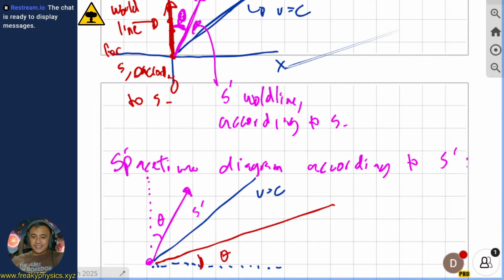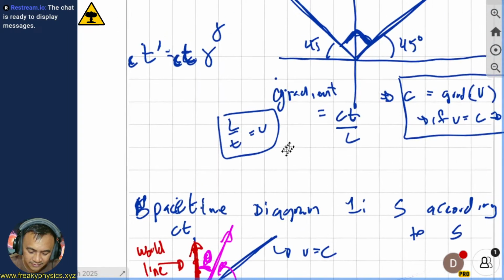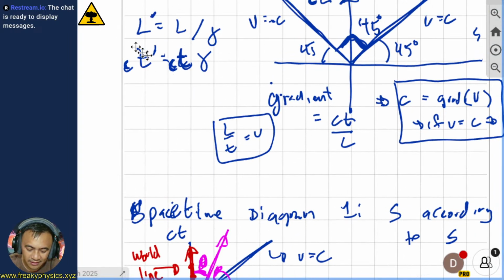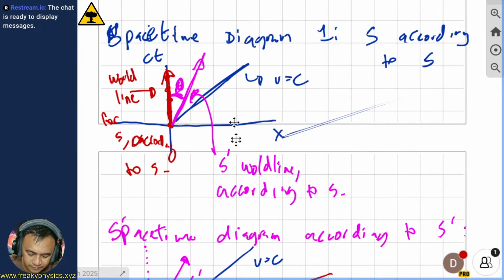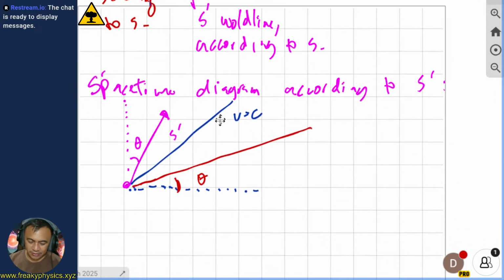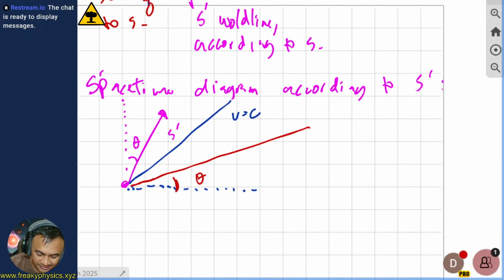The reason for that happening is a little bit complicated, but it has something to do with the idea that the factor gamma changes both L and T. So this is S prime's spacetime diagram, but also remember that according to S prime, he is stationary, right?